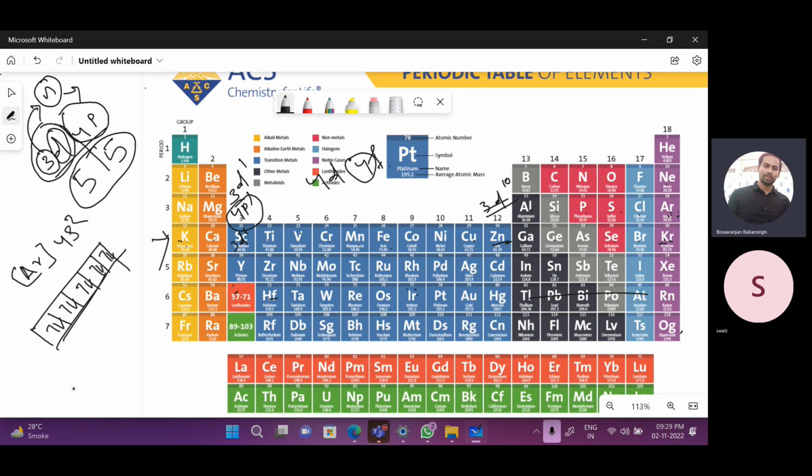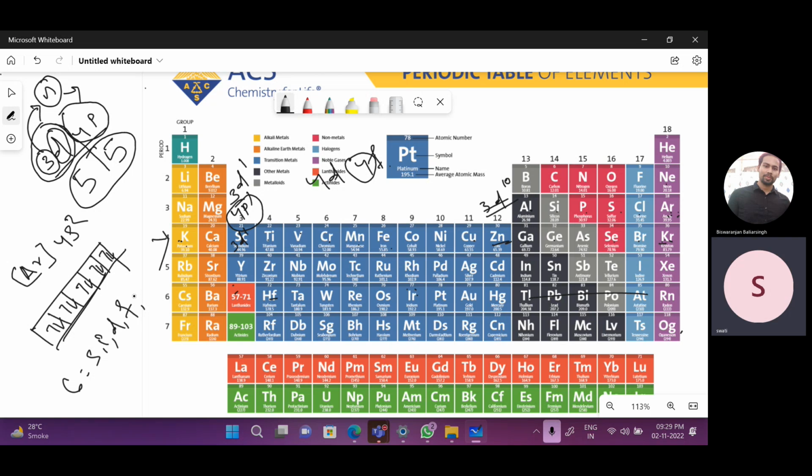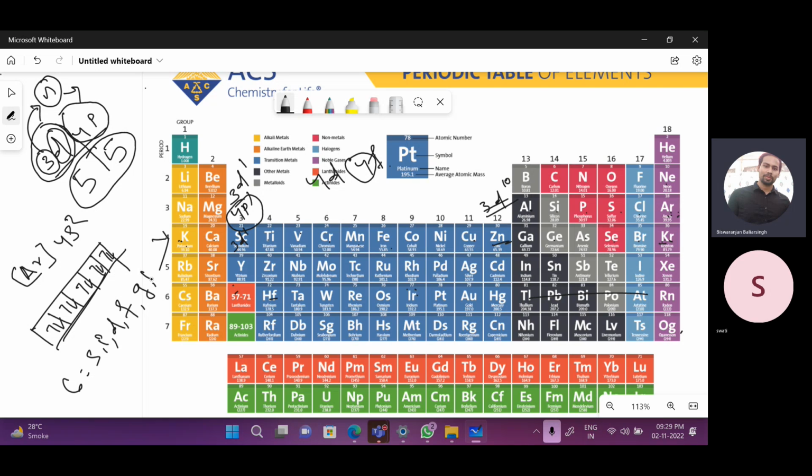If the n value is 5 or 6, what will be the subshell number? You can give a hint. S, P, there will be 6 subshells. What will be the names? S, P, D, then F, then G, H, I. If in the near future more elements are found in the earth's crust or at sea level, then they will be added.